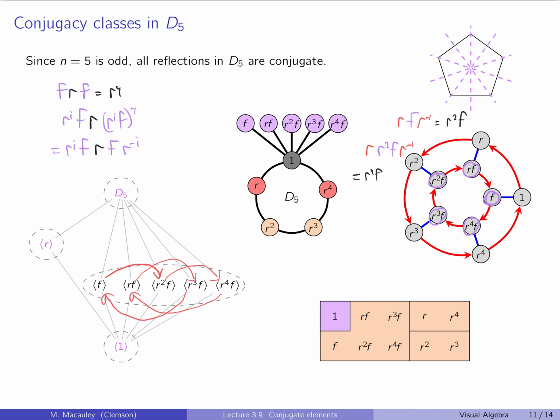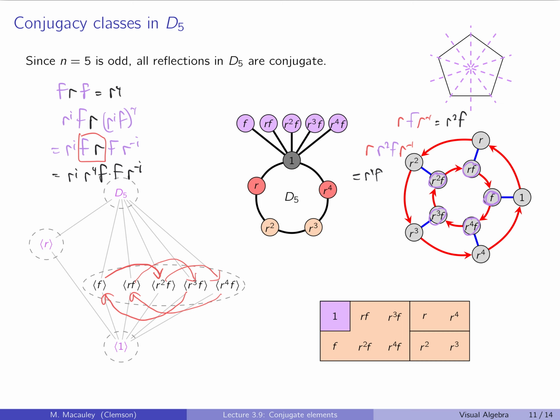Let's get these f's together somehow. Let's write this as r to the i times r to the 4th f, or r inverse f, times r to the negative i.